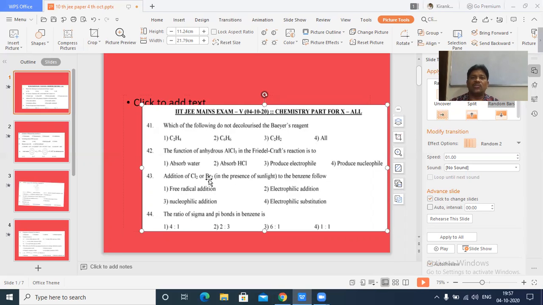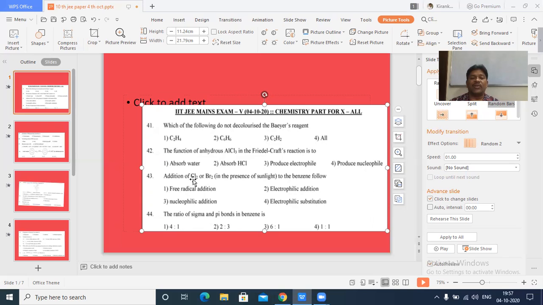The Cl dot is a chlorine free radical. So free radicals are produced in the presence of sunlight. That is why the mechanism will follow the free radical mechanism.